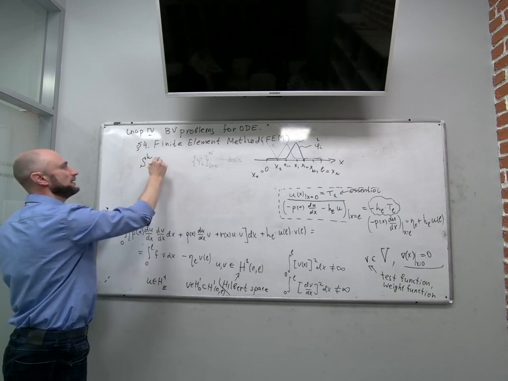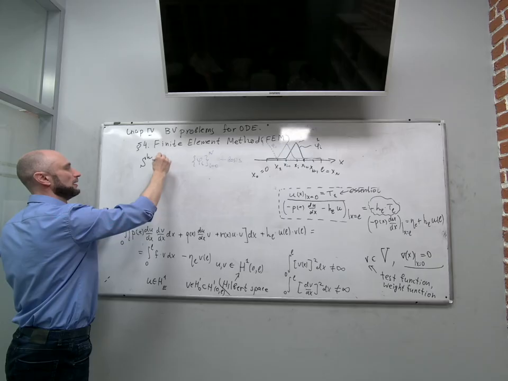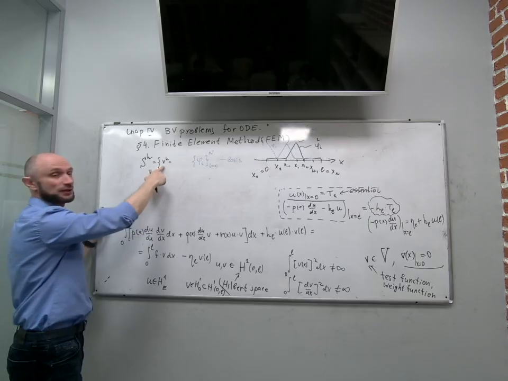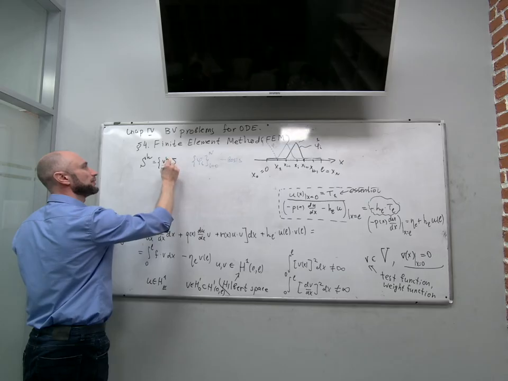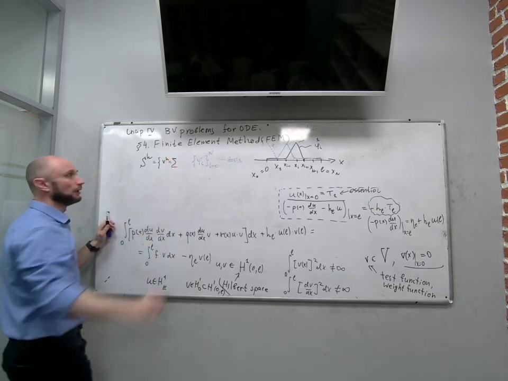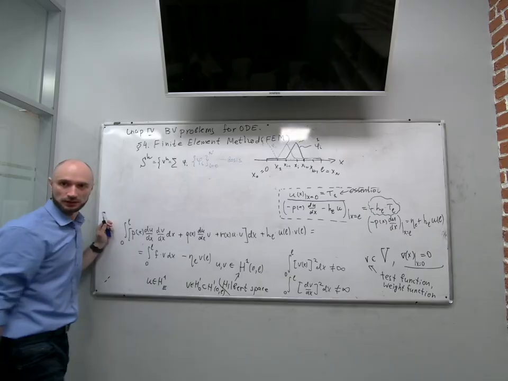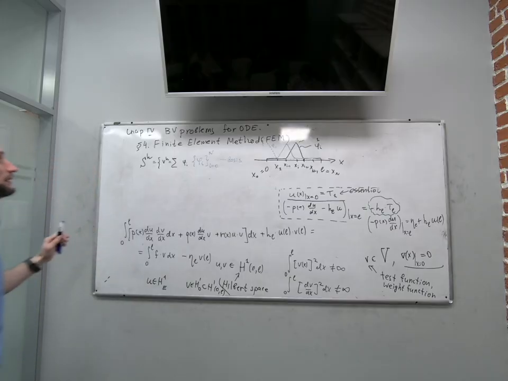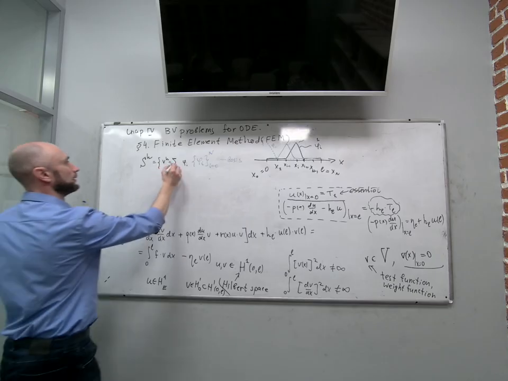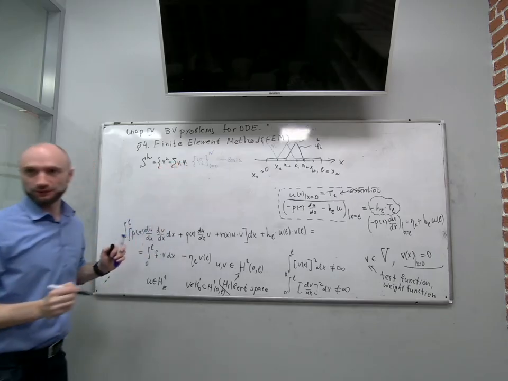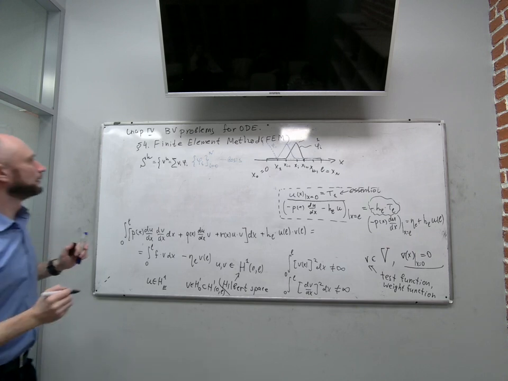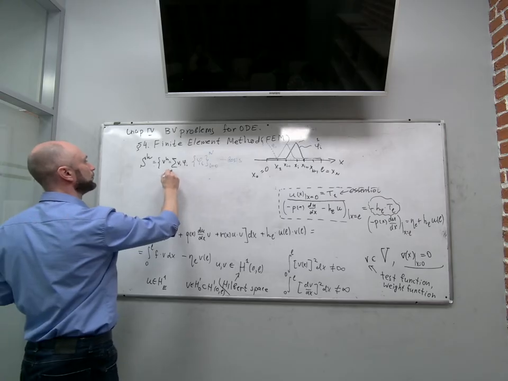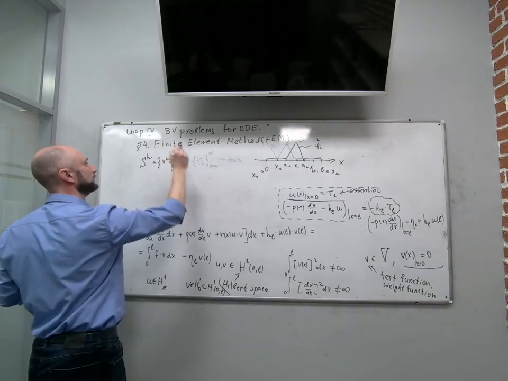It means that any function v_h, I have to say v_h, because it is already finite dimensional, it's not the same thing as that V, can be represented as a sum of these functions phi_i multiplied by the coefficient v_i, for i from 0 to n.